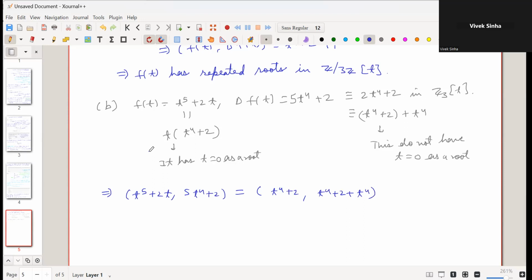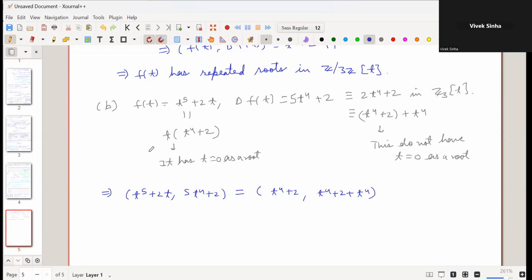What I have done is this has two factors, t and t4 plus 2. This t is not a factor of this, so while taking the GCD I can just ignore it because it is not going to be a common factor. So I will just go with t4 plus 2, and 5t4 plus 2 is the same as t4 plus 2 plus t4 in Z3[t].